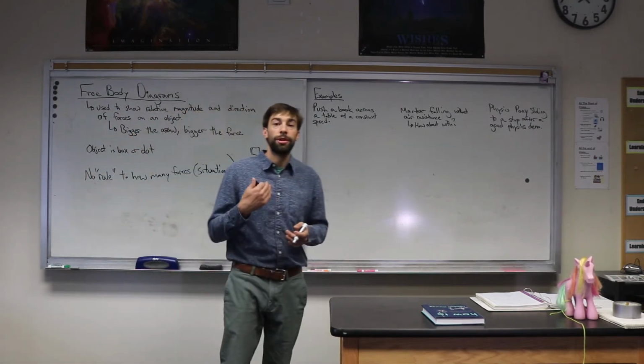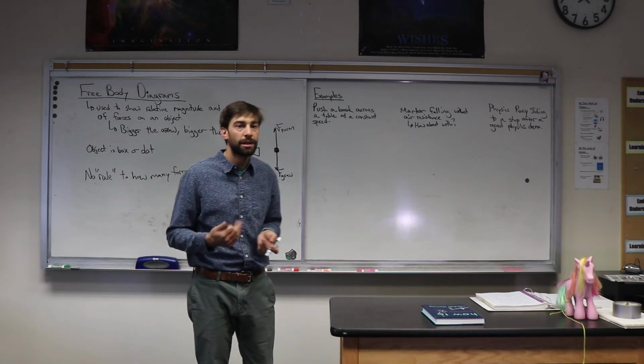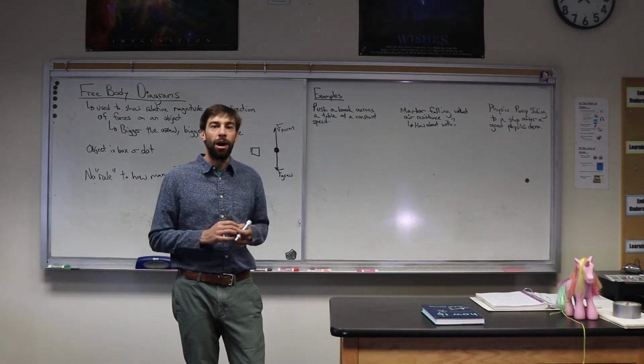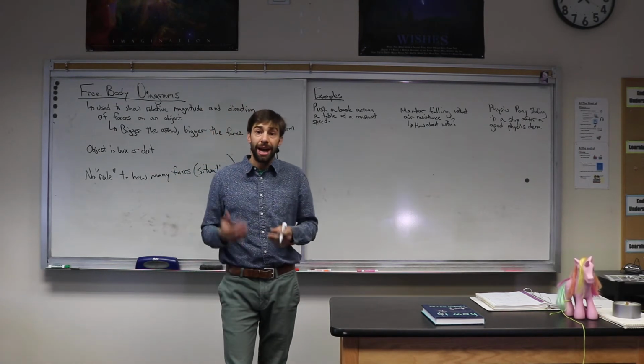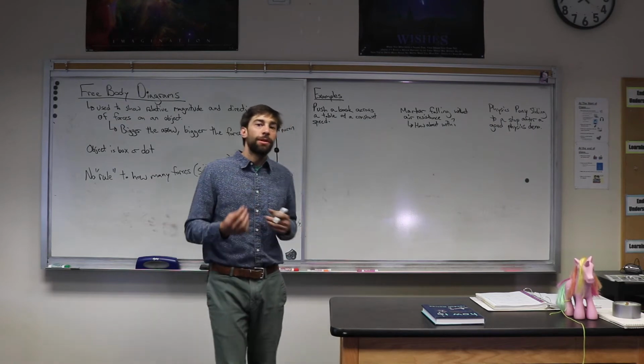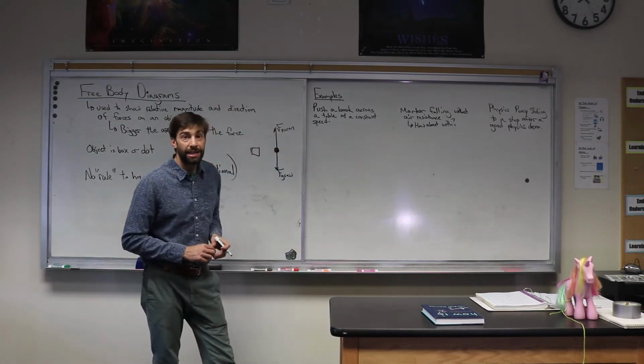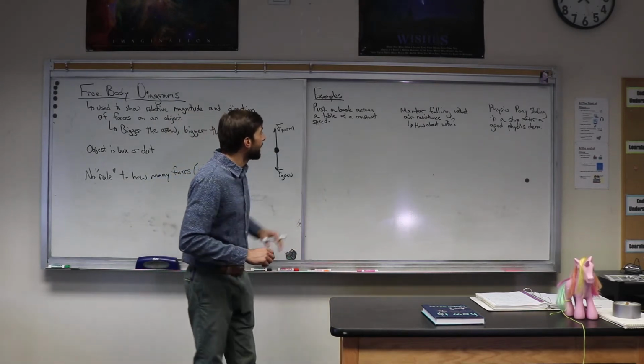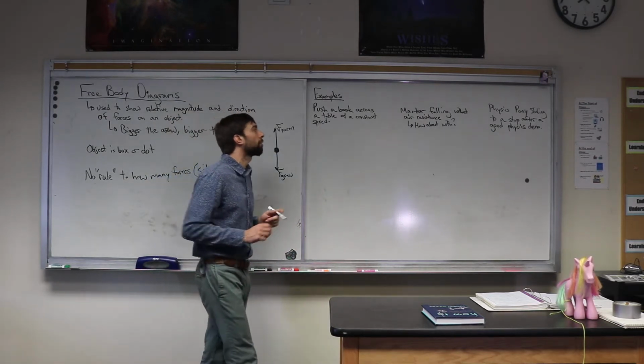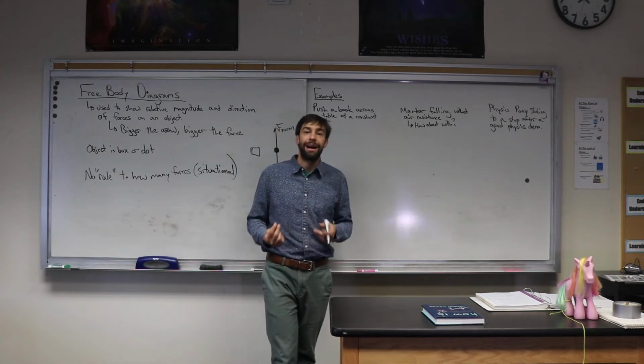You all have learned about the different types of forces, what they are and when they are occurring on different objects. So you've already learned about those, and so we're going to look at a few different examples. So the first one is we're going to push a book across a table at constant speed.